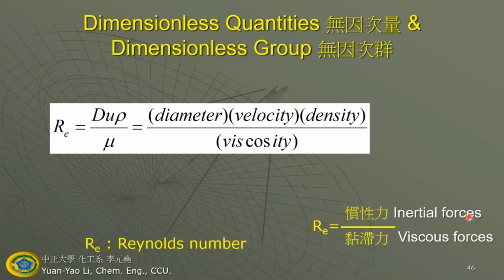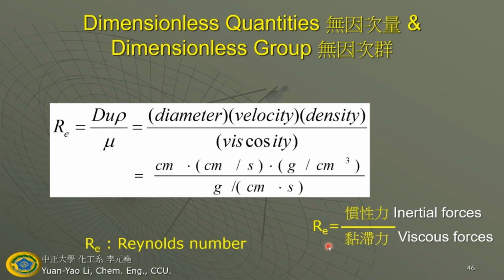And the number you get is called the Reynolds number. If the inertial force is higher, then the Reynolds number will be higher. If the viscous force is higher, then the Reynolds number will be lower. I'm sure you will understand this number very well when you go to the second year, but I don't want to tell you too much about this. What I want to tell you is that the Reynolds number is a dimensionless quantity.